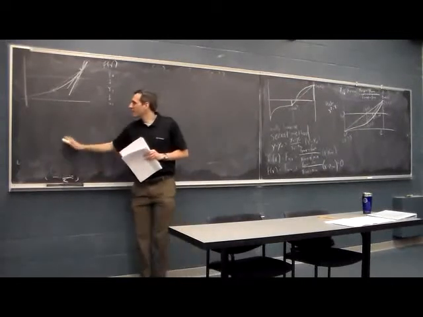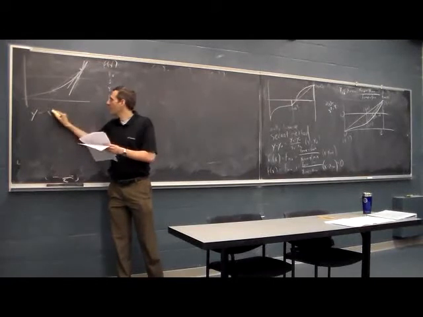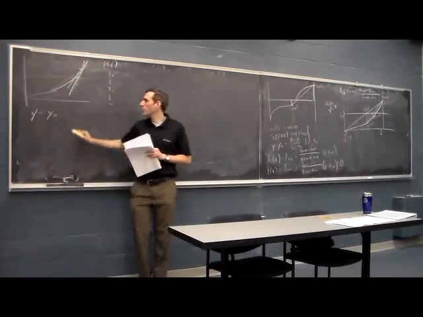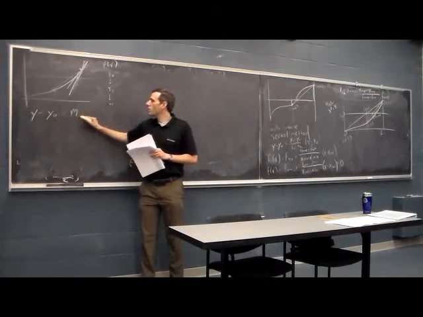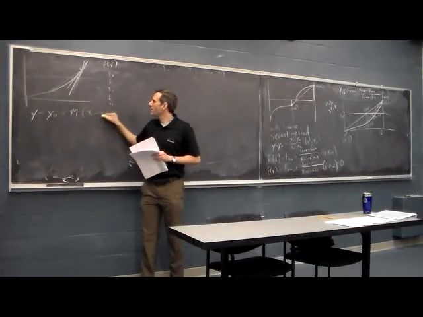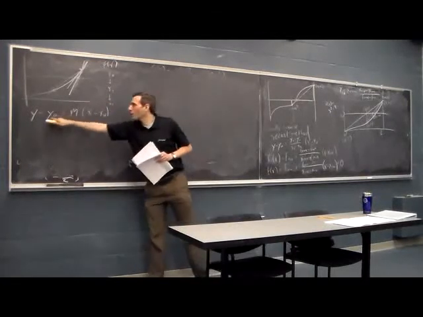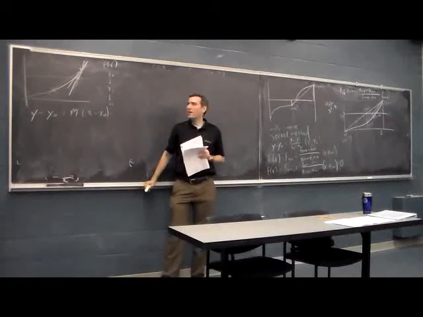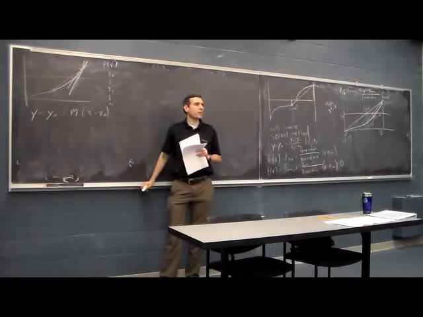We can use a slightly different formula for the line than before. In the general case, if we've got a point x0, y0, and we know the slope of the line, let's call it m, then an equation for the line passing through point x0, y0 with slope m is y minus y0 equals m times x minus x0.